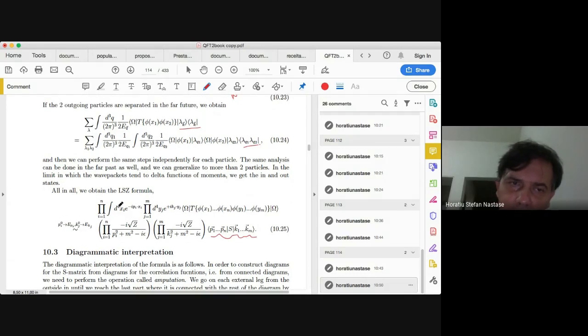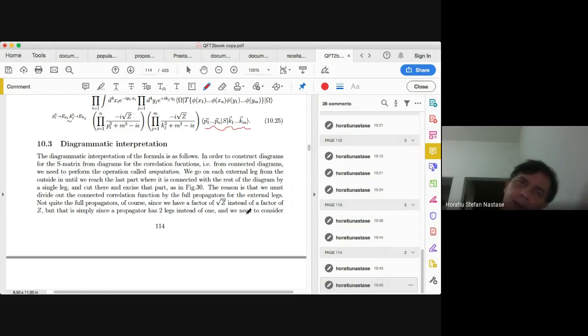All right, so the LSZ formula now is understood in this way as the relation of the correlation functions, Fourier transformed near the poles, as free propagators times square root z times the S matrix.